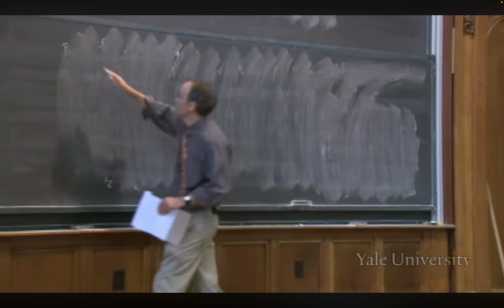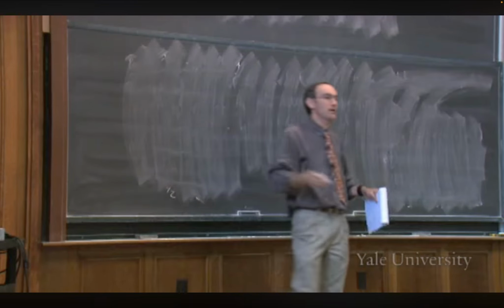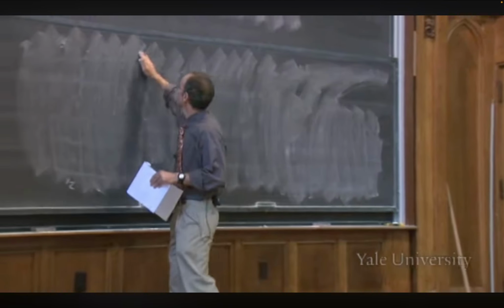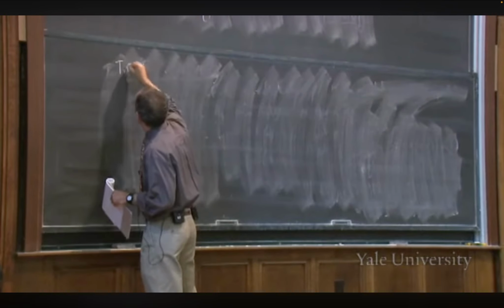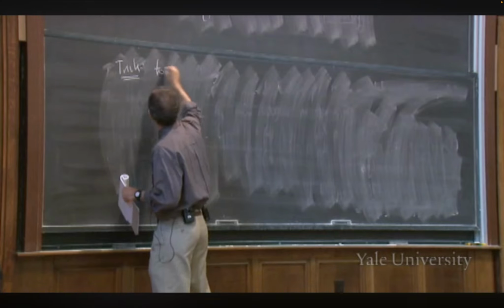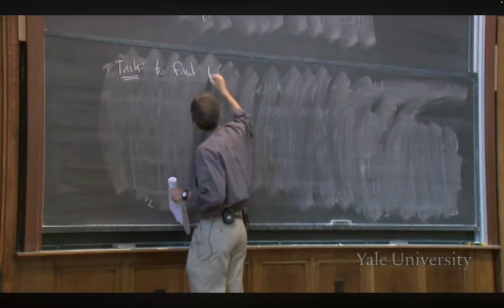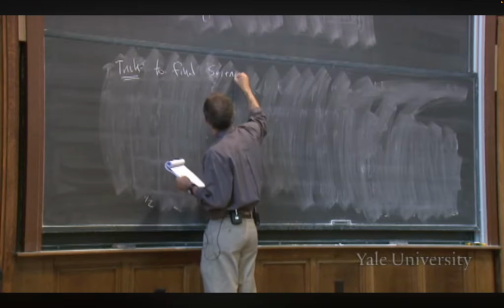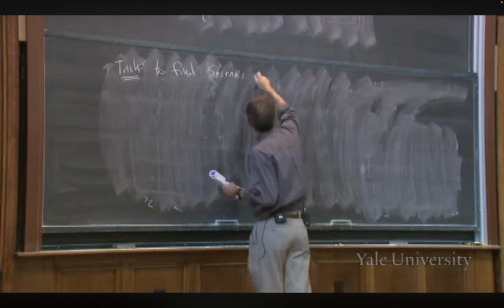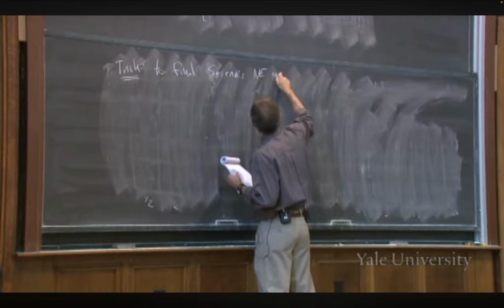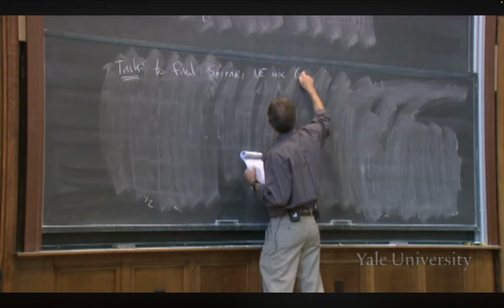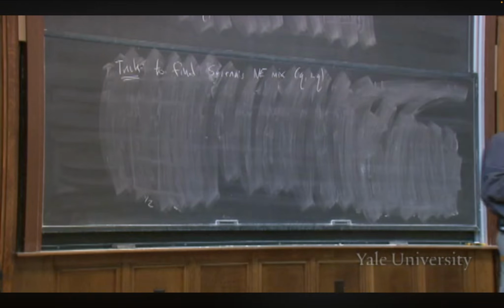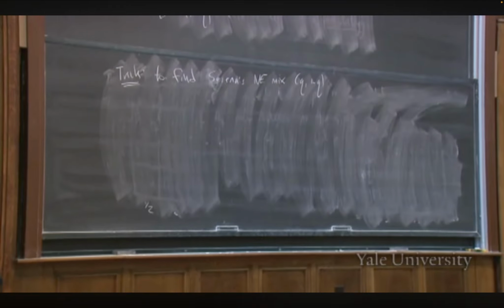So here's the trick. All right, so this is the slightly magic bit of the class. Okay, so pay attention. I'm about to pull a rabbit out of a hat. Trick. To find Serena's Nash equilibrium mix, so that's Q, 1 minus Q, what I'm going to do is I'm going to look at Venus's payoffs.